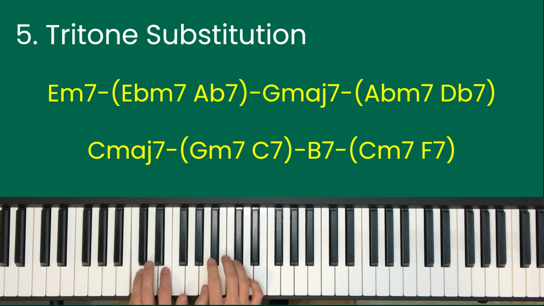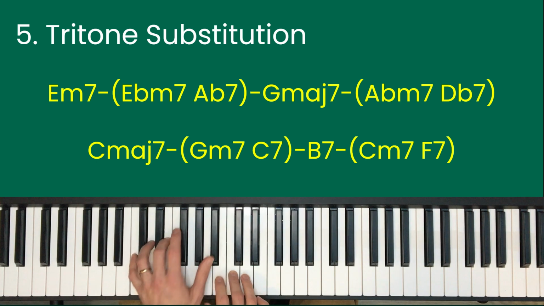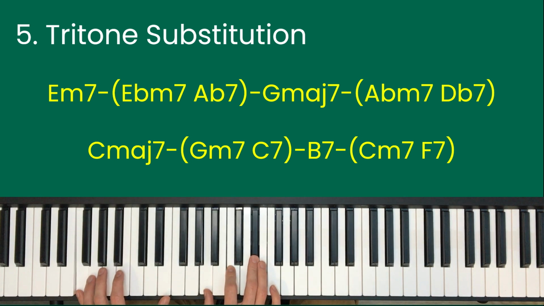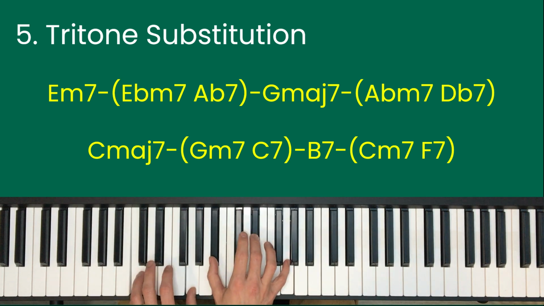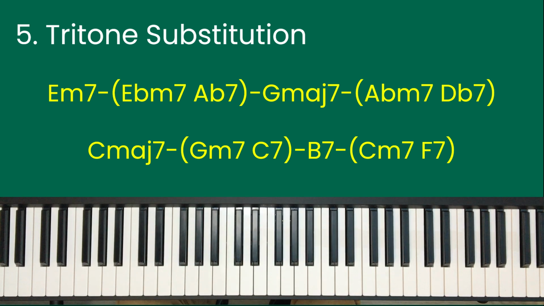Okay, for our C7, put the 2 in front of it, that gives us G minor 7. And for our F7, put the 2 in front of it, gives us C minor 7. Okay, so let's put that all together in the sequence and see what it sounds like.